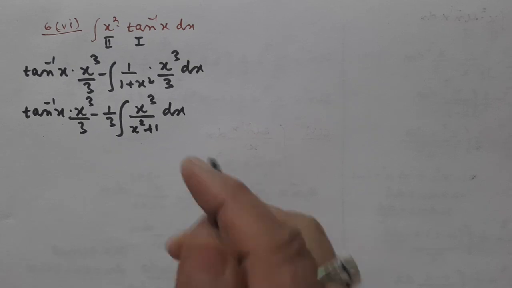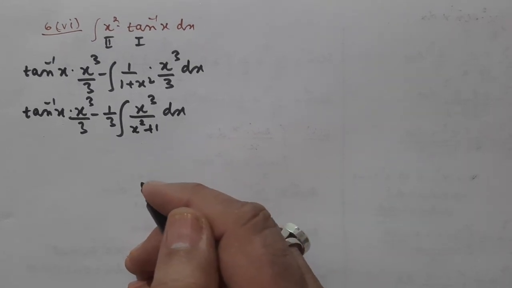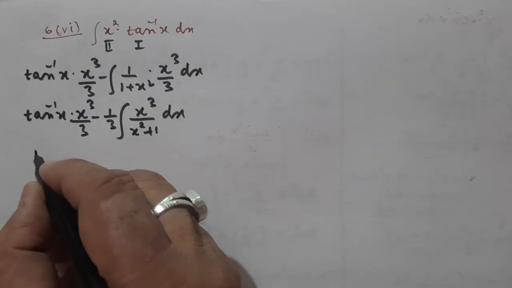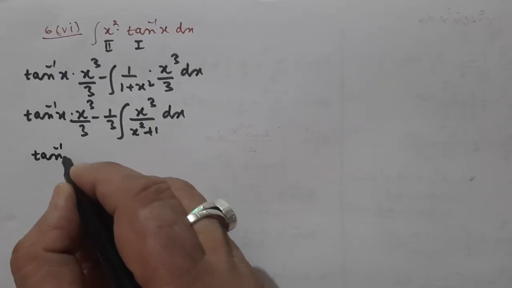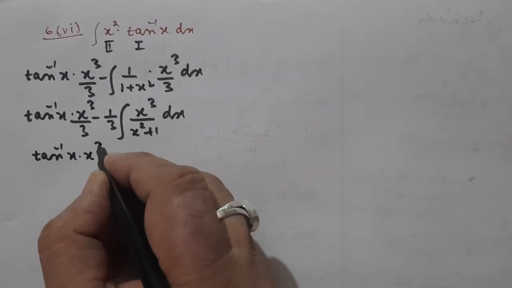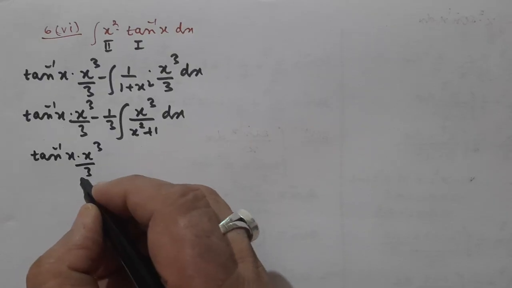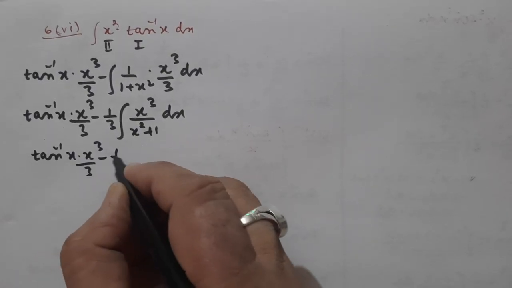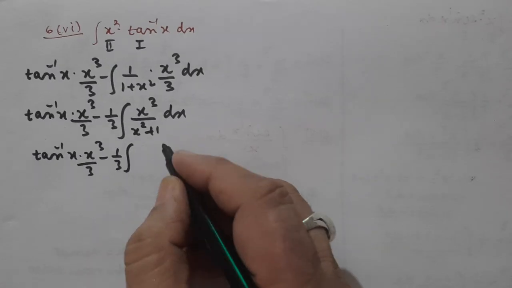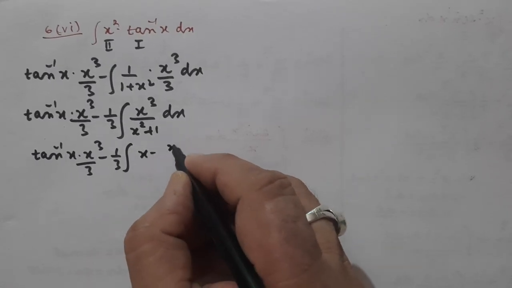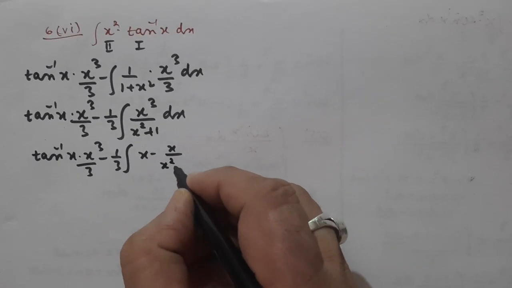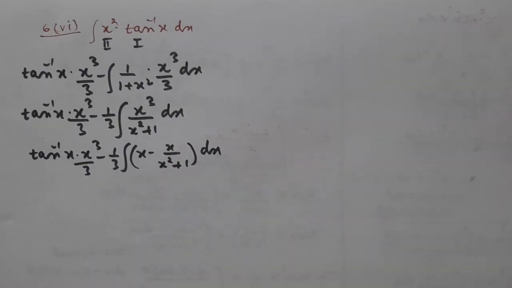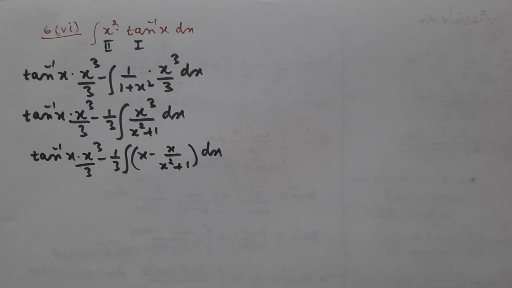Now students, here the degree of numerator is more than that of divisor, or we can say degree of numerator is more than that of denominator. So what we do, we divide, as I told you earlier also. So here we divide. So after dividing we get the expression like this, x minus x upon x square plus 1 dx, right?